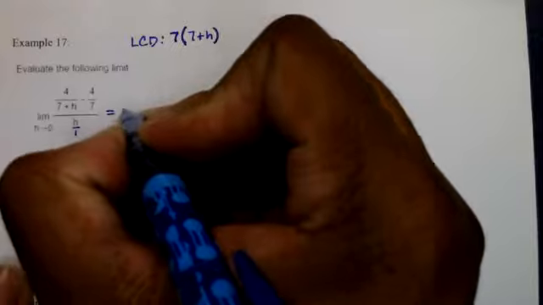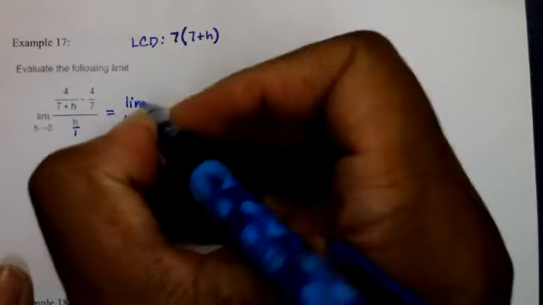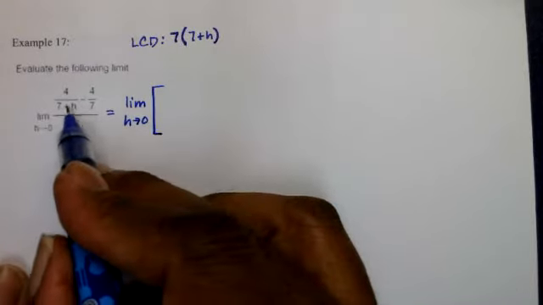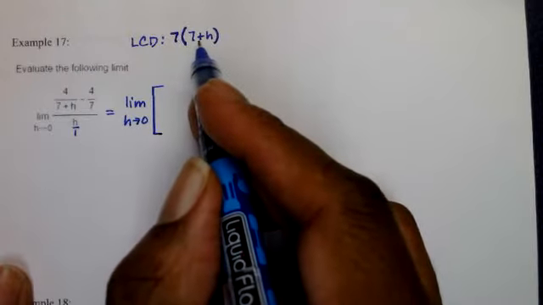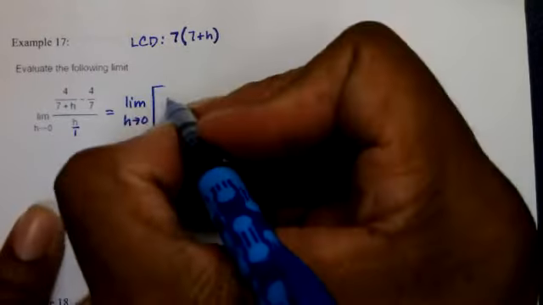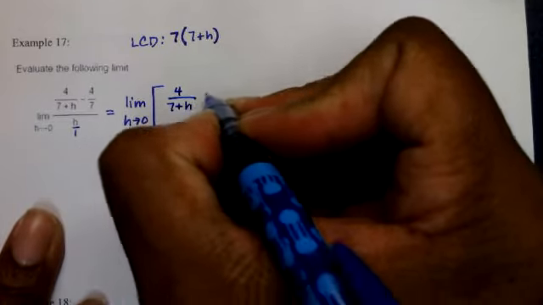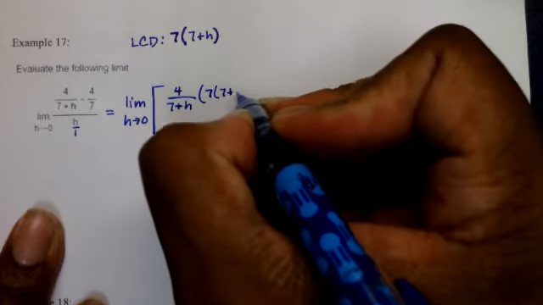And now, this is what I'm going to do. I'm going to bring over the limit as h approaches 0 of, and here I'm going to multiply each and every term in this expression by that LCD of 7 times 7 plus h. So the 4 over 7 plus h is going to be multiplied by 7 times 7 plus h.